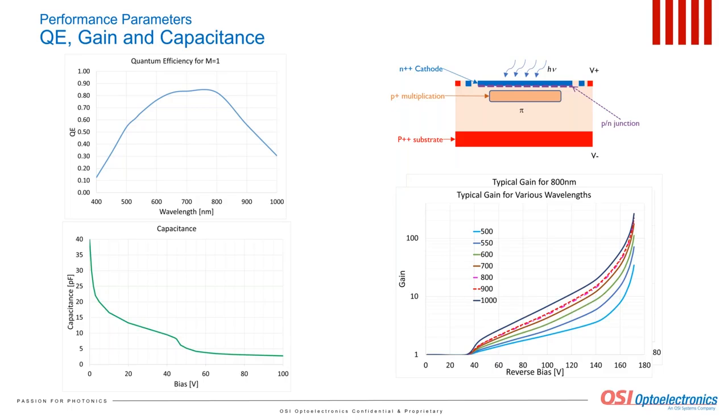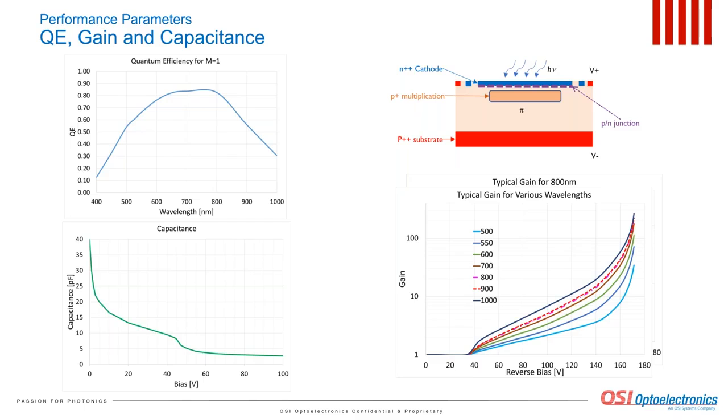At short wavelengths, the gain is very low because the absorption depth does not reach the buried multiplication layer, and only holes and just a small portion of electrons created by light absorption participate in the avalanche process. And we know that the impact ionization rate for holes in silicon is much lower than for electrons.